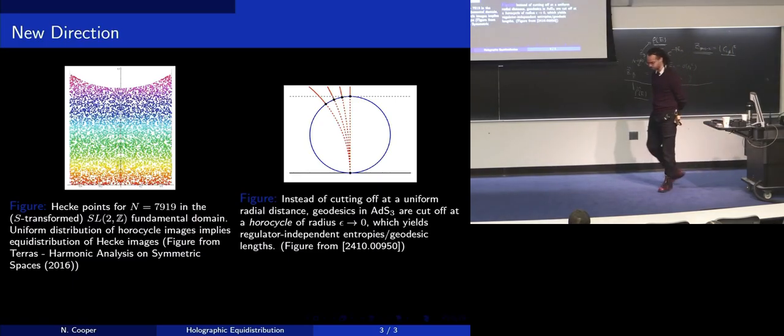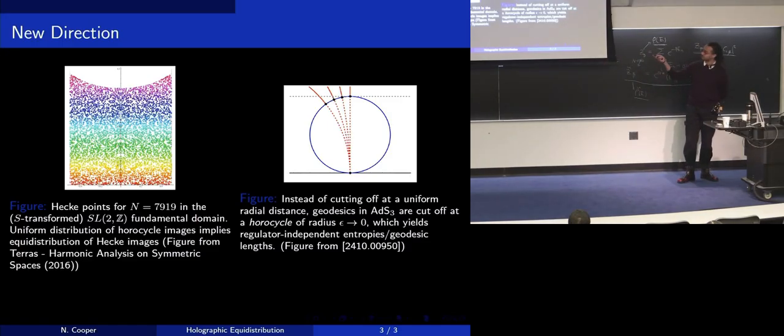Horocycles are curves in the upper half plane that are perpendicular to geodesics. There's a result for uniform distribution of horocycles in the fundamental domain of SL(2,Z), and this implies Hecke equidistribution. And there was a recent proposal that you can do a bulk cutoff on horocycles, and that gives you regulator-independent answers, so these might have something to do with each other.